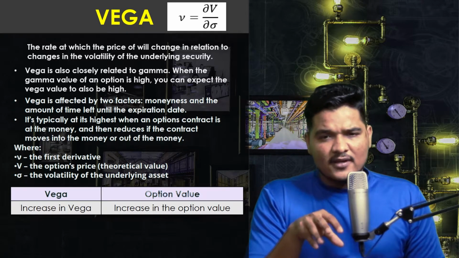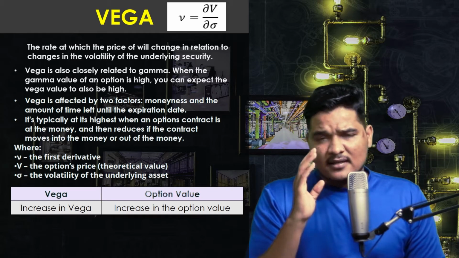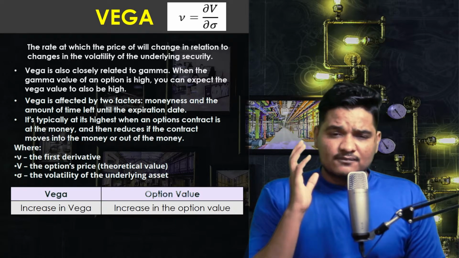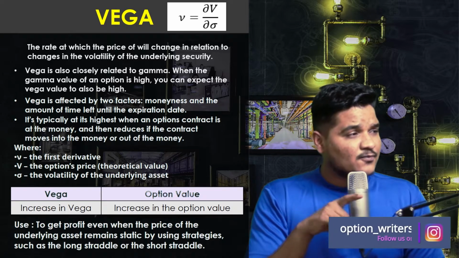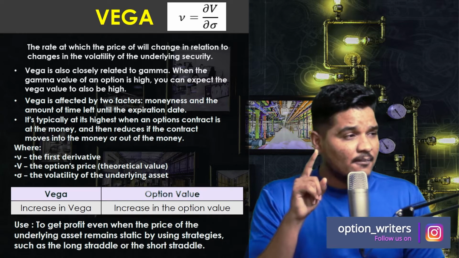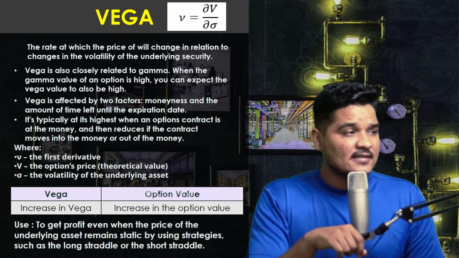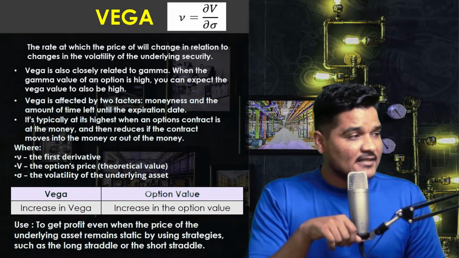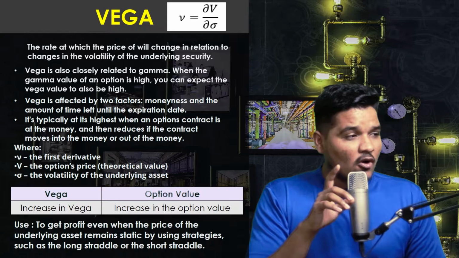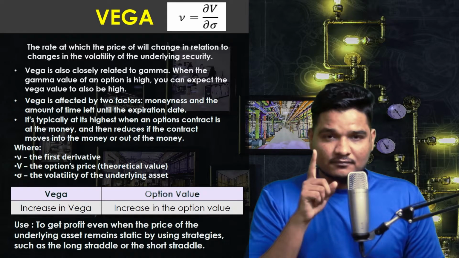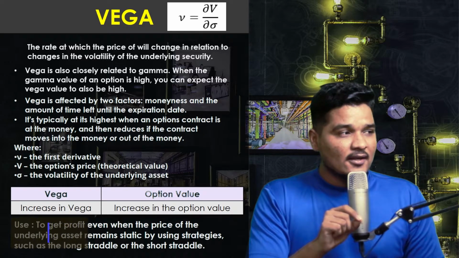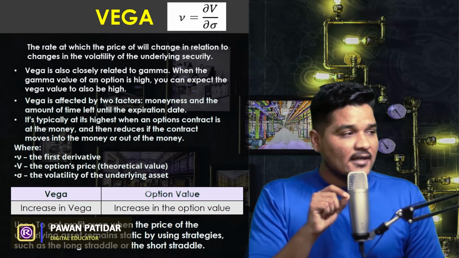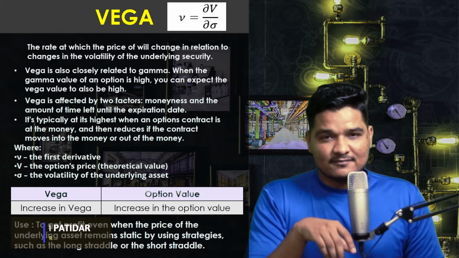Well, if Vega is that important and it is directly related to volatility, then there must be some important use of this parameter. So, to get profit even when the price of the underlying asset remains static, by using strategies such as long straddle or short straddle. Well, here I am saying to get profit even when the price of the underlying asset remains static.